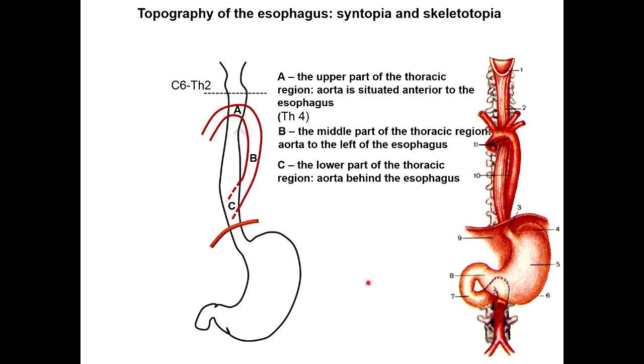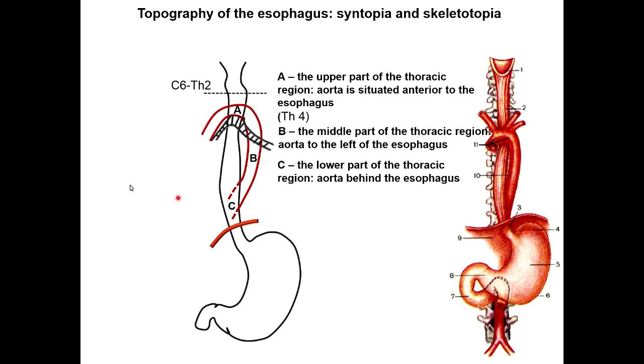And now I want to draw the bronchi. You know that the trachea, the respiratory tract organ, is divided into two main bronchi, right bronchus and left bronchus.